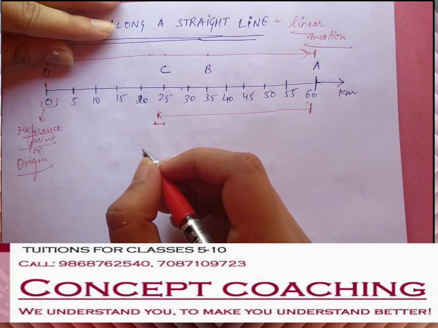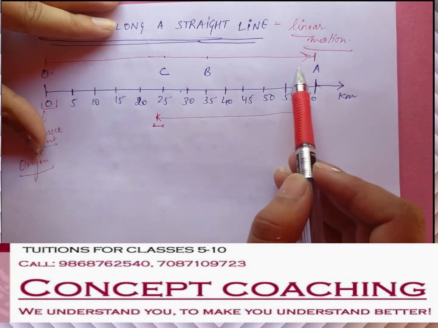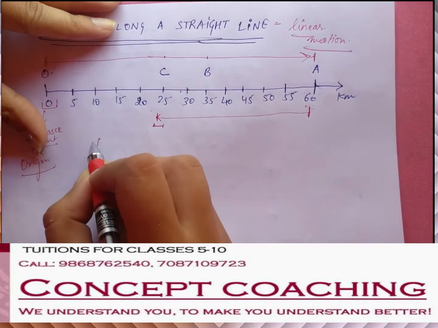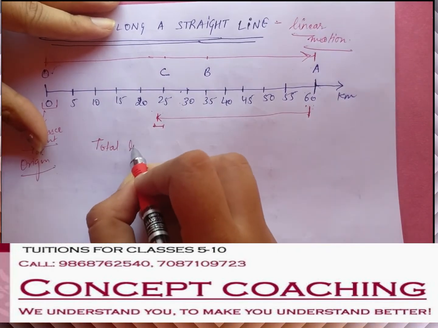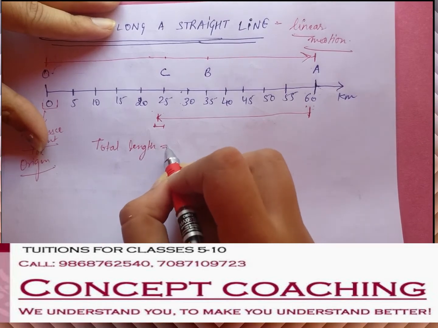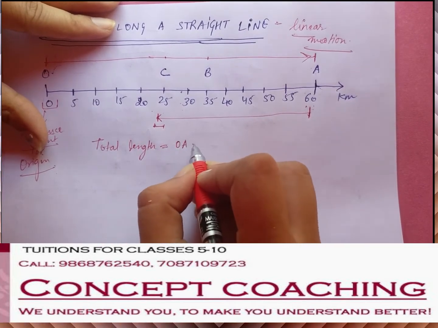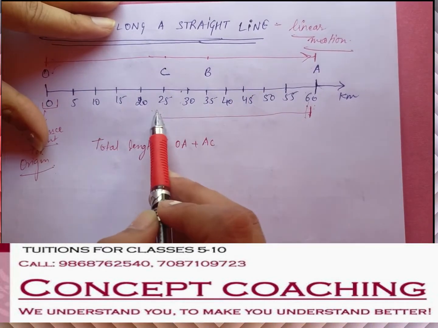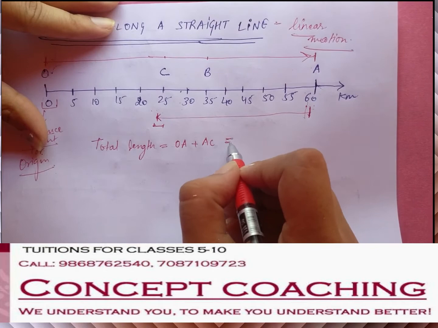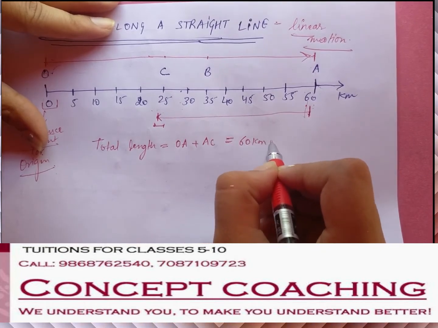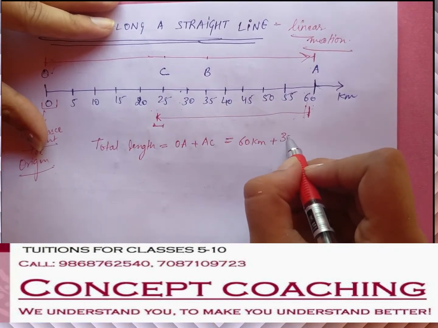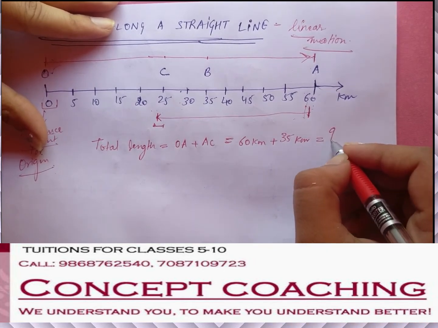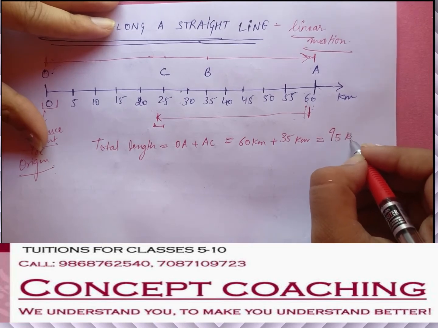So in going from O to A and then moving back from A to C, the total path length covered by our object would be OA plus AC, which is basically OA is 60 kilometers plus AC is 35 kilometers. So the total length covered would be 95 kilometers.